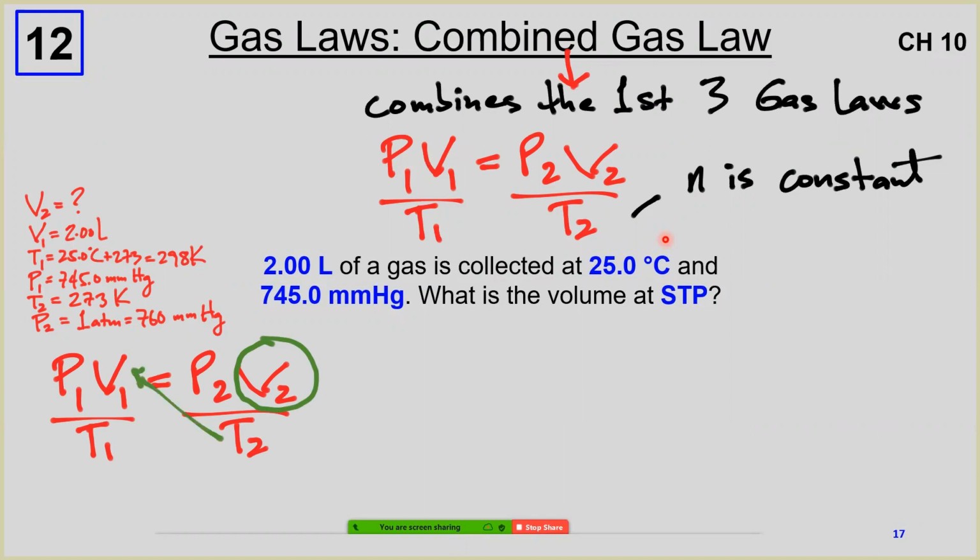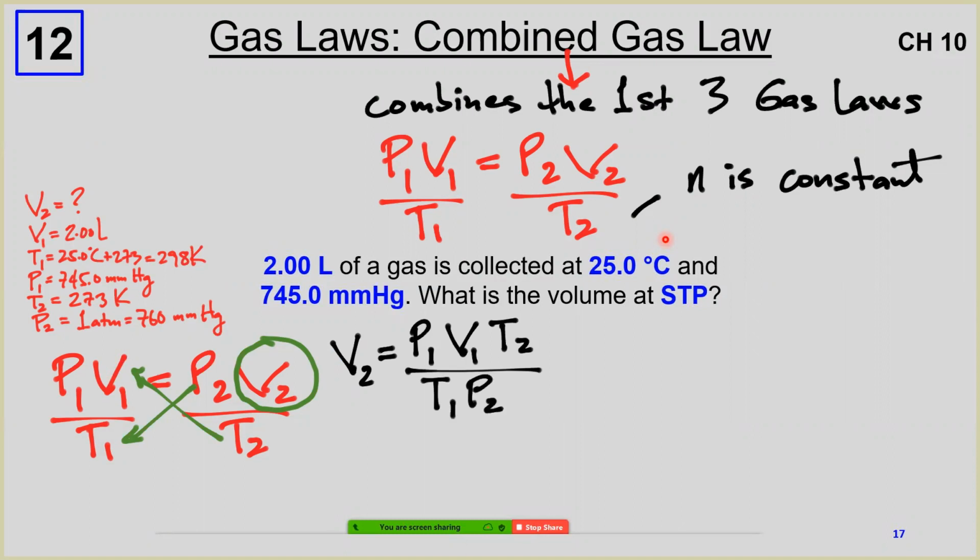T2 would go upstairs, P2 would go downstairs. And V2 now is by itself. So V2 equals P1 times V1 times T2 divided by P2 times T1. So that's P1 times V1 times T2 divided by T1 times P2.